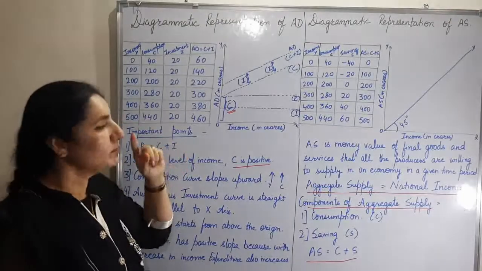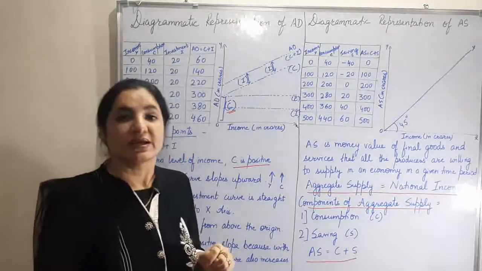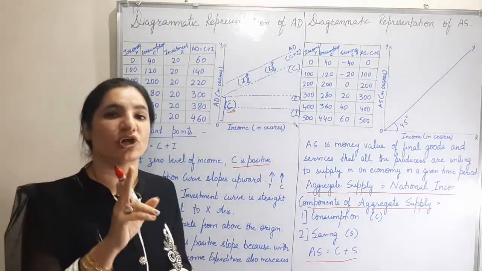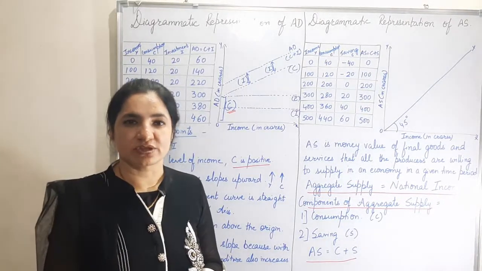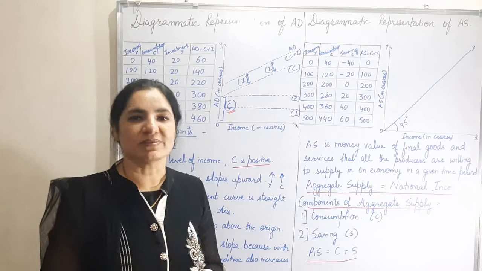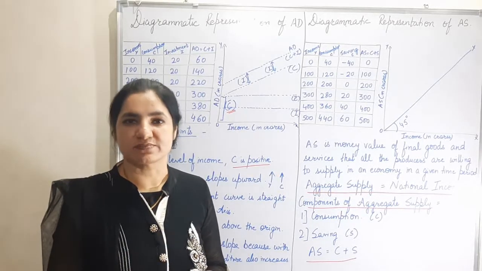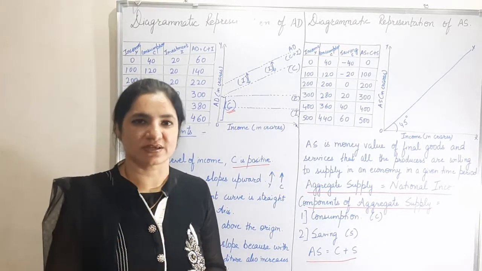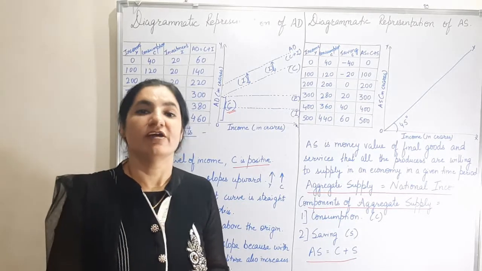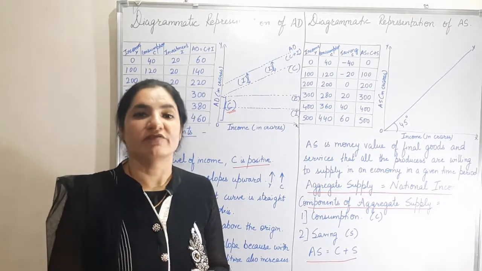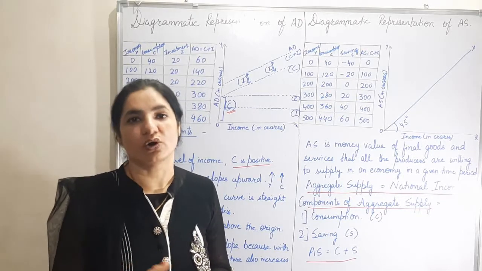Then one more important point is, consumption has always two parts. The first part of the consumption is the autonomous consumption. Autonomous consumption means that part of consumption which an individual will definitely do whether he is earning or not.